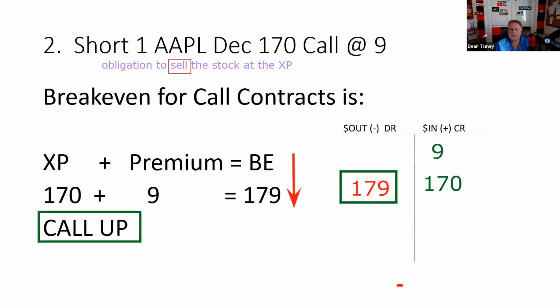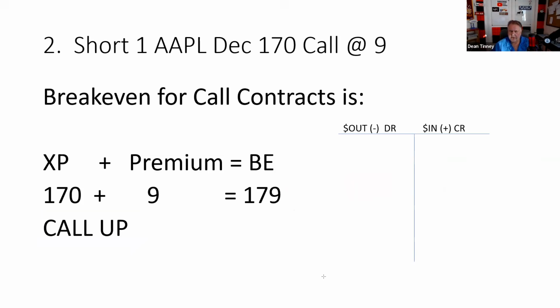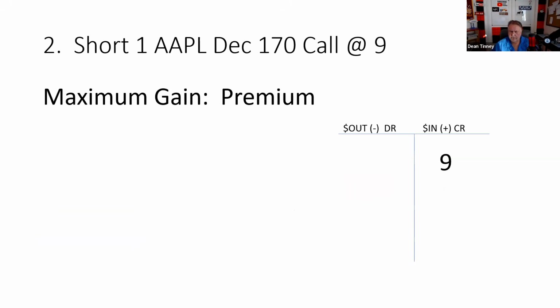All right, so max gain. I think max gain is pretty straightforward. It's a narrative thread that runs through this. Whenever you collect money, the best case is the option contract expires worthless and you get to go neener, neener, neener. You get to keep the money.